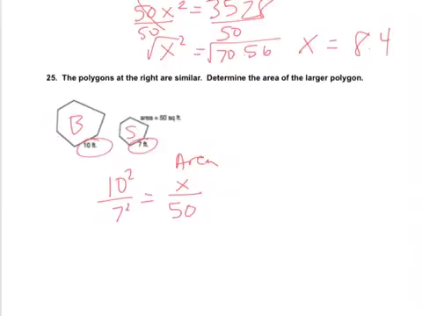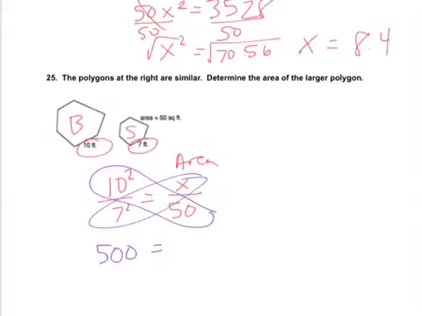So I go ahead and square it. So now I have 100 times 50, which is 5,000, and 49 times x, which is 49x. Divide by 49 on both sides, so x equals 102.